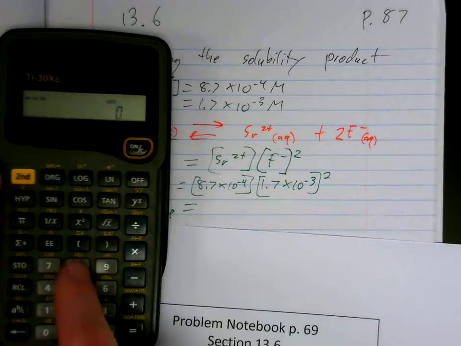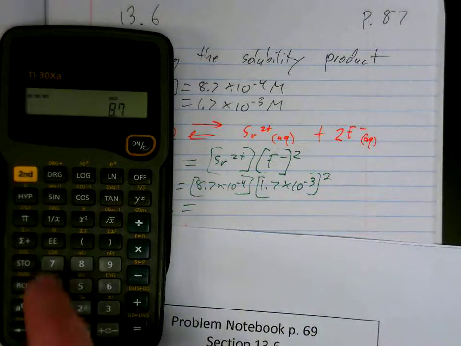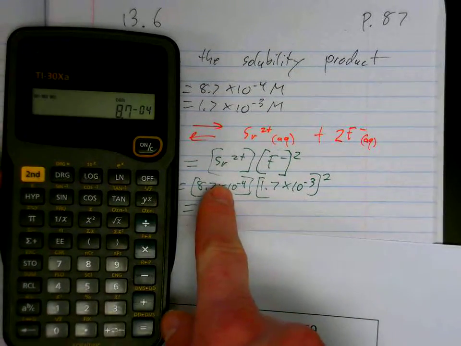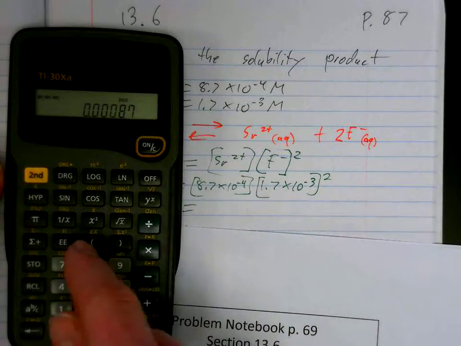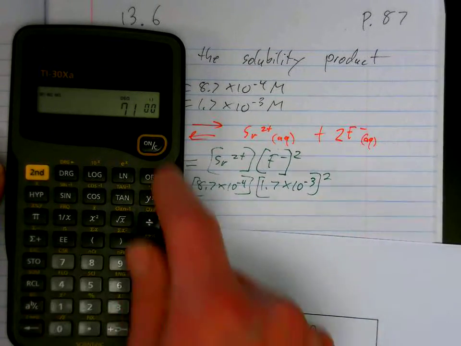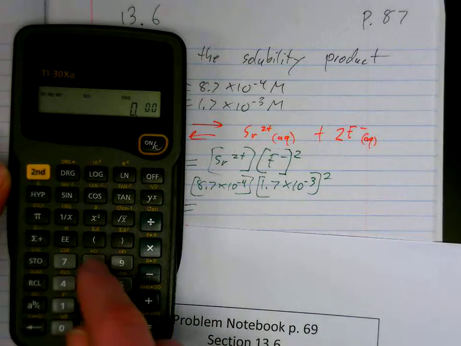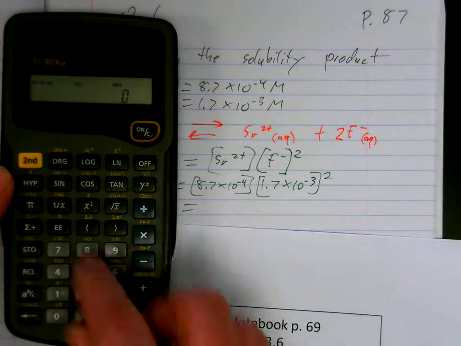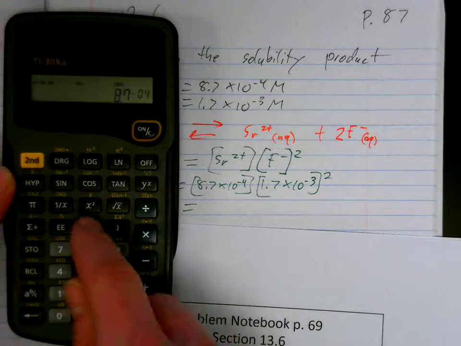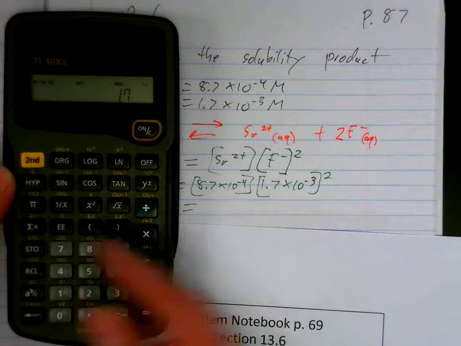Here's a way to make sure that happens right. 8.7 times 10 to the negative 4, so here's my first number, times, open parentheses, 1.7 times 10 to the negative 3rd, then close the parentheses, then press equals.